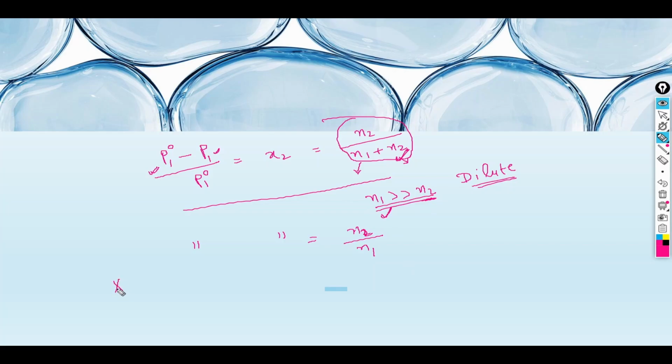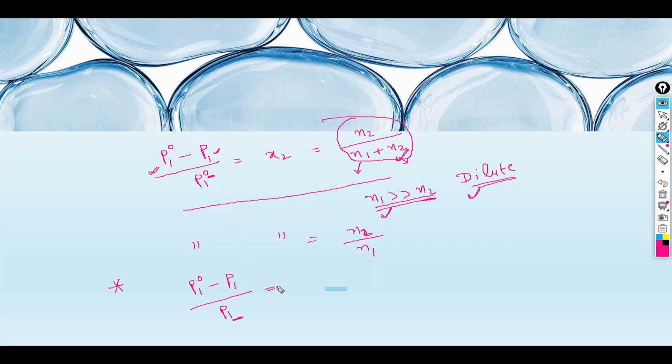Now one more concept related with this. What if this is not very dilute? Then this formula will look like P1 naught minus P1 divided by P1. So here we have taken the pressure of the pure solvent, but here we'll take the pressure of solution.